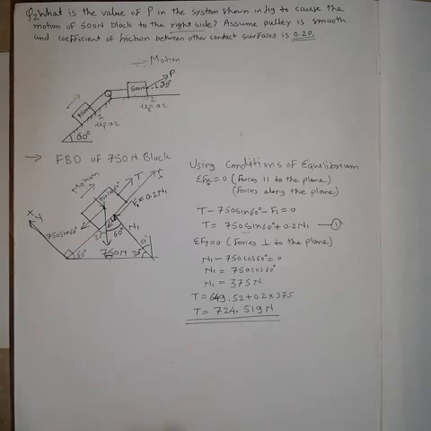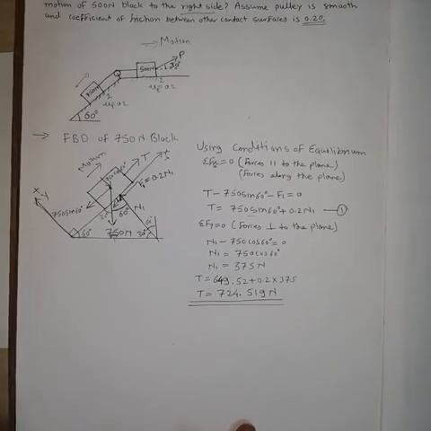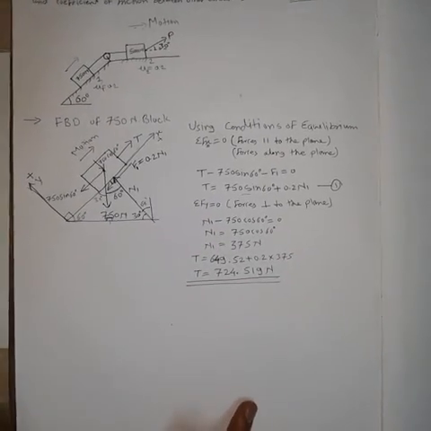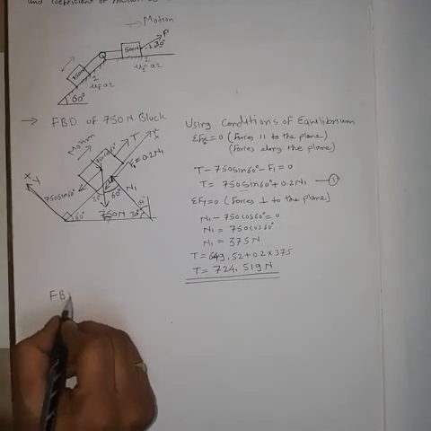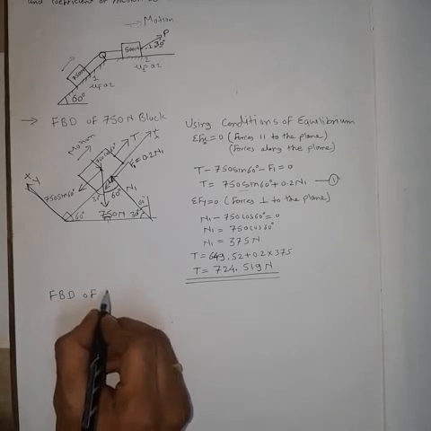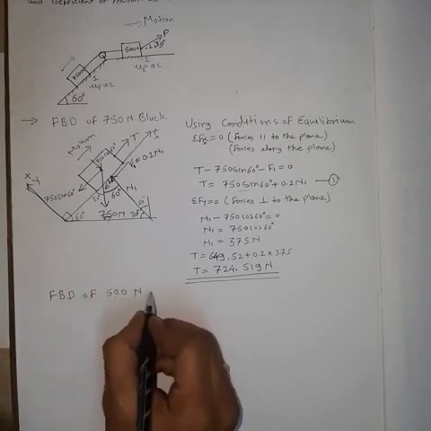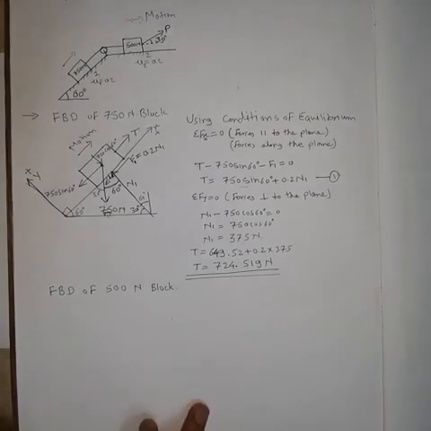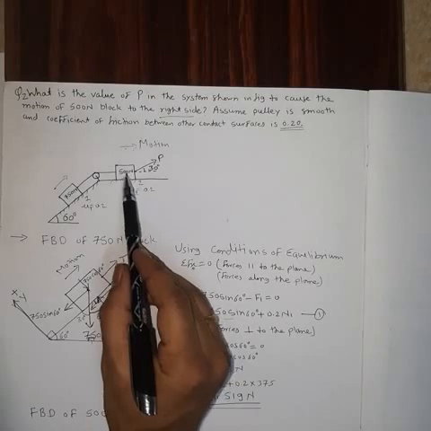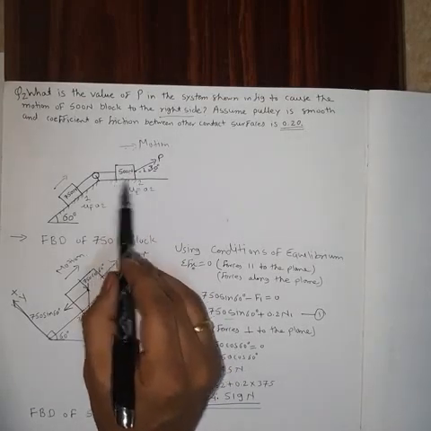So next we have to draw the free body diagram of the 500 Newton block. So drawing the FBD of the 500 Newton block. So this is the 500 Newton block. It is resting simply on a horizontal plane.